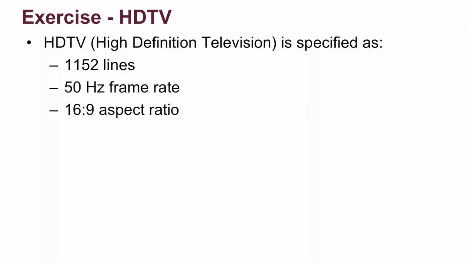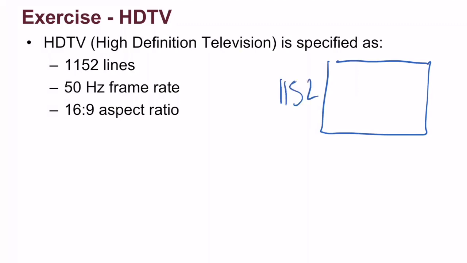So let me give you another example and ask you to take a look at this one as an exercise. We'll now switch over and imagine we sent high definition TV as an analog signal. Actually, we don't. We send it as digital and we compress it, but imagine we did. And so here we have our TV. We're going to have 1,152 lines, and our aspect ratio is now going to be widescreen.